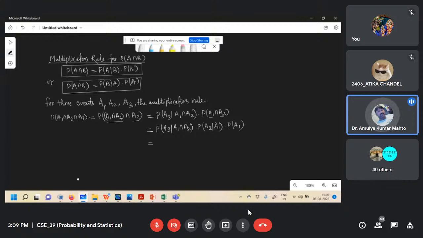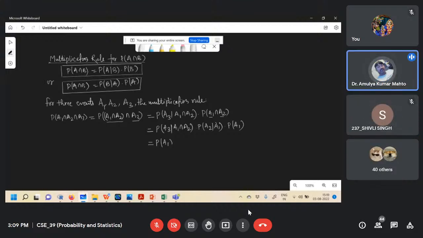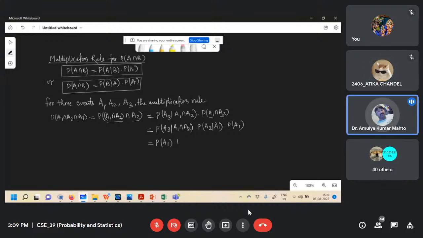If I rearrange it, the general form is: probability of A1, then probability of A2 given A1, into probability of A3 given A1 intersection A2.